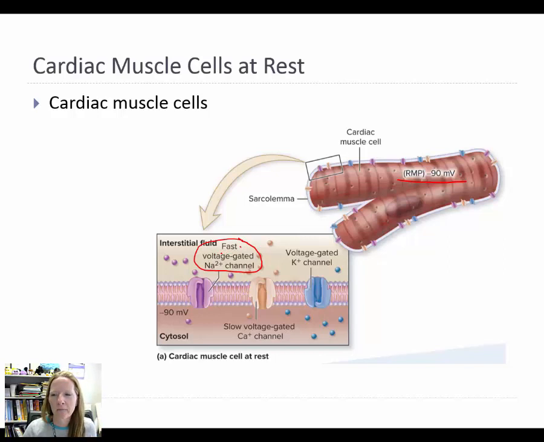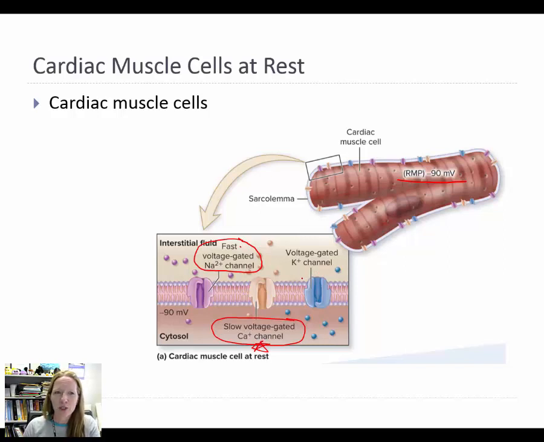A little sneaky, huh? Look at this. You have a slow voltage-gated calcium channel right here. In the nodal cell, it was a fast voltage-gated calcium channel. If you don't want to burn those differences into your brain, that's fine. We will talk about the importance of this here in a second. You still have the voltage-gated potassium channel, though.